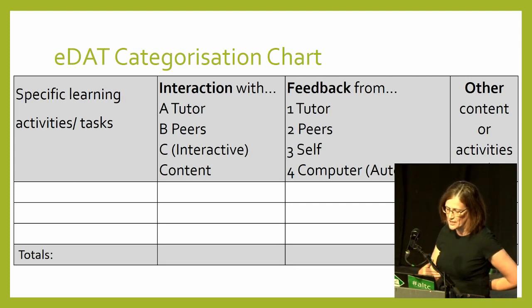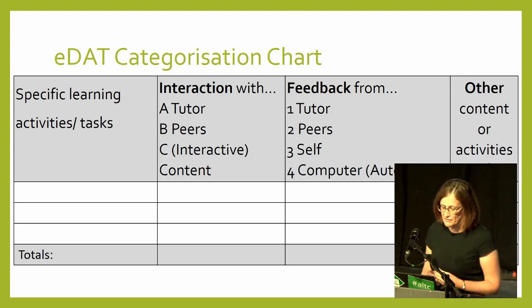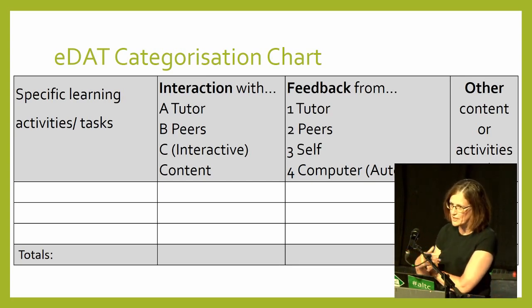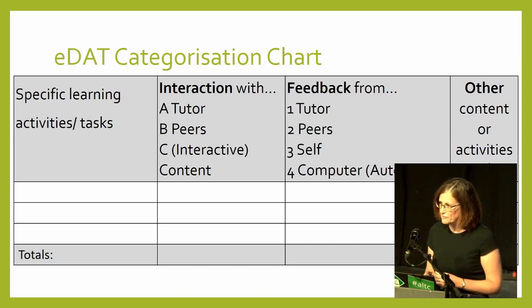Interaction with a tutor, that might be in a webinar and so on, with peers, for example, a peer assessment activity, or interactive content. I'm thinking of a multimedia type of content. And feedback includes feedback from the tutor, feedback on an assignment, so on, from peers, some kind of discussion about your learning, or self, as in a model answer, or automatic feedback from a computer. Everything else went under the other heading.